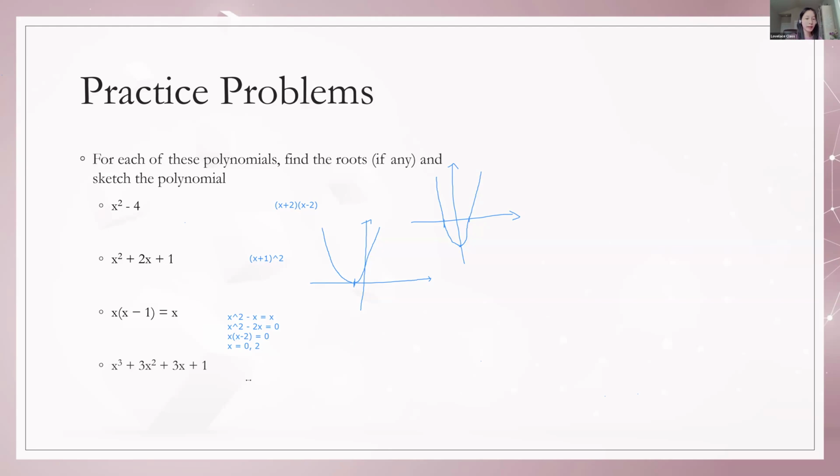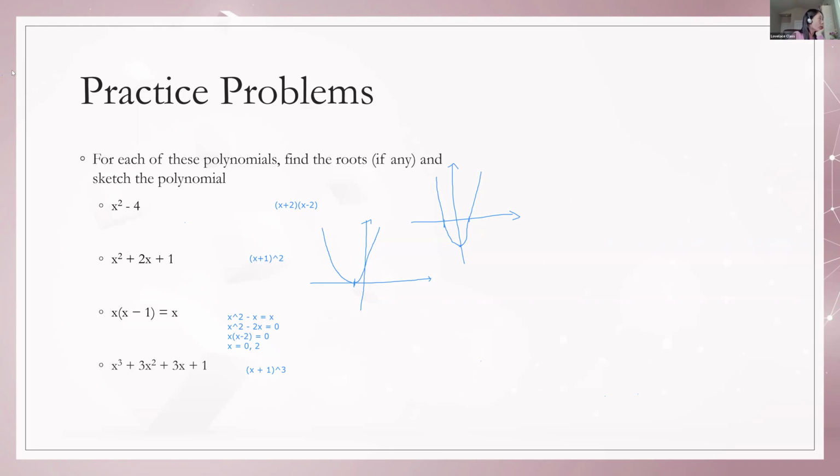What about the last problem? It's pretty much the same thing as earlier, right? But this one is actually a cubic, so it's in the form of x plus 1 cubed. If you want to graph it, it's quite a bit more complicated.